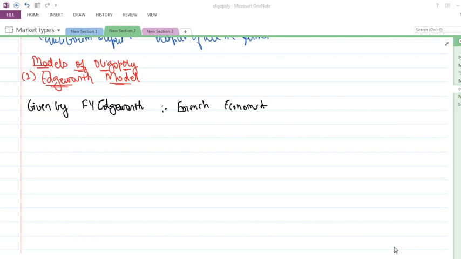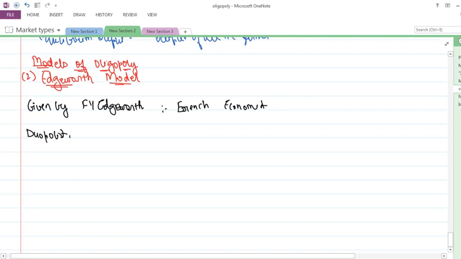What Edgeworth assumed in his case is that a duopolist will continue to charge the same price.